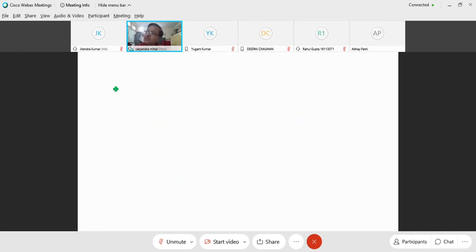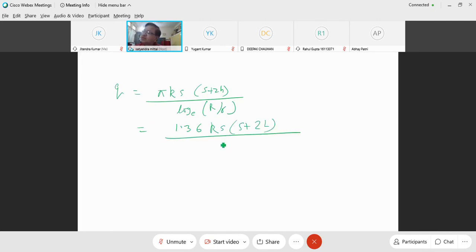So let me write it for you, that if you substitute those values there, then you can also rewrite this equation as pi Ks into S plus 2h upon log e R upon r. And on simplification, if you want to remove the value of pi, then it will be equal to 1.36 Ks S plus 2h upon log to the base 10 R upon r.